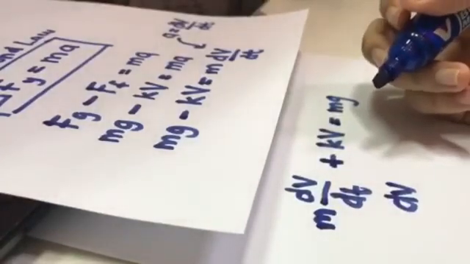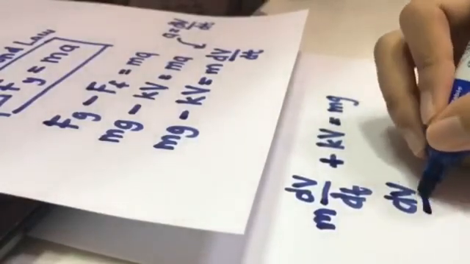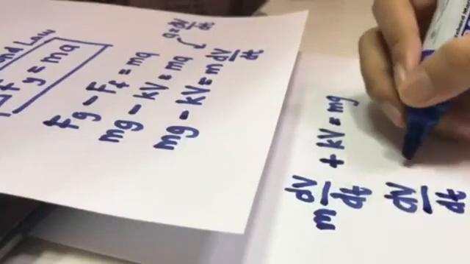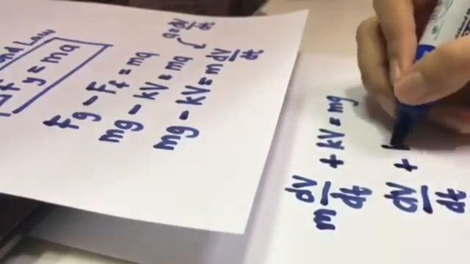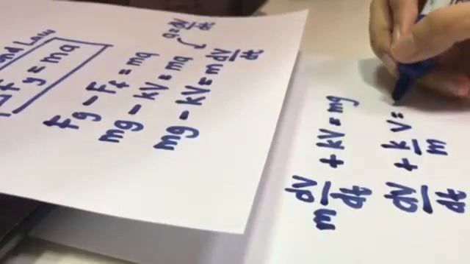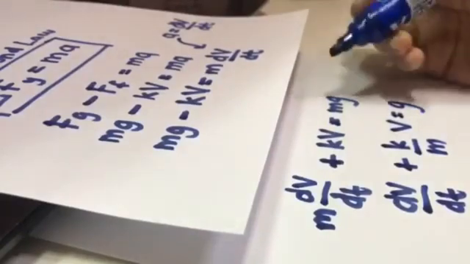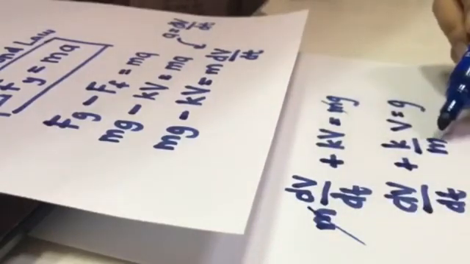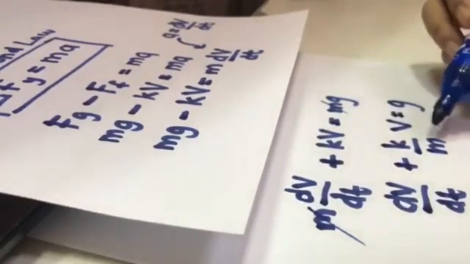Before, we had m dv/dt, right? Here I forgot to rewrite it. So dv/dt plus k over m times v equals g, because we have canceled the m and we got the m below the k.